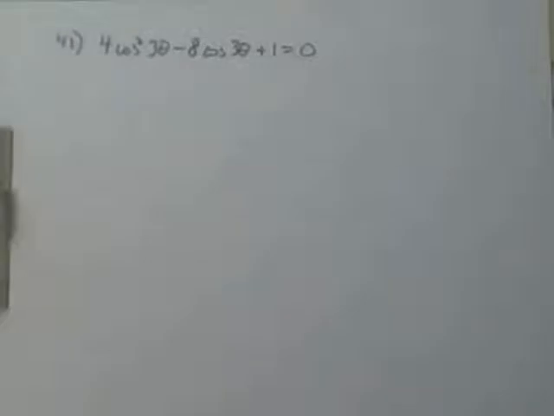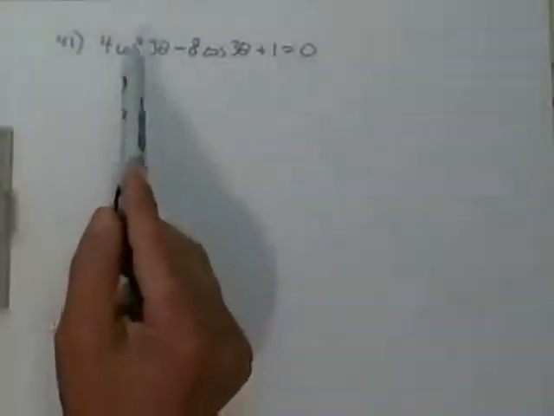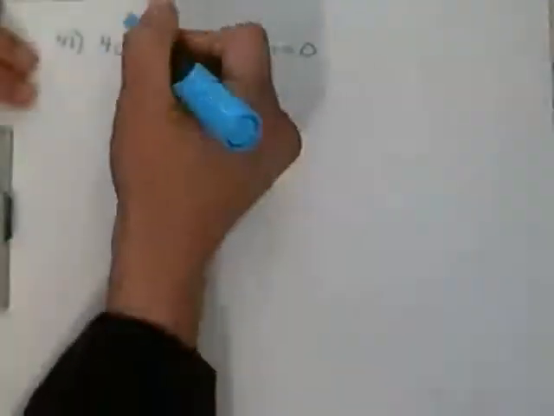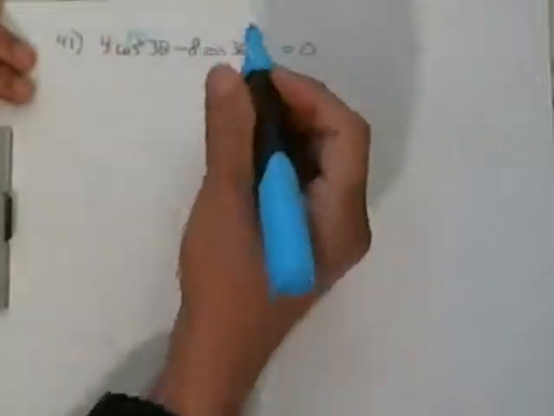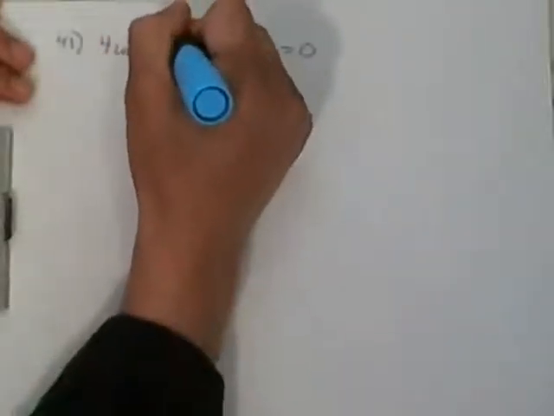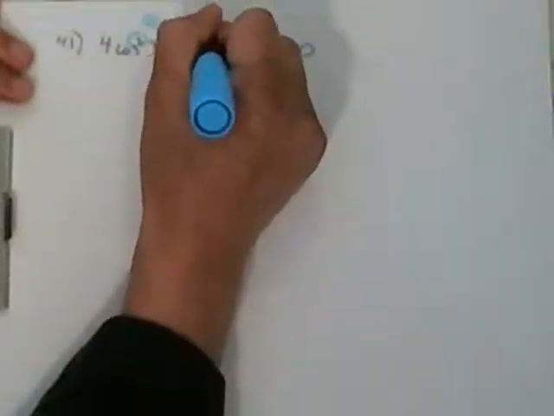First, you have 3 terms, a trinomial. The leading term has a square on it, so it's a quadratic. We're probably going to have to factor this if we can. Let's see if we can factor it.